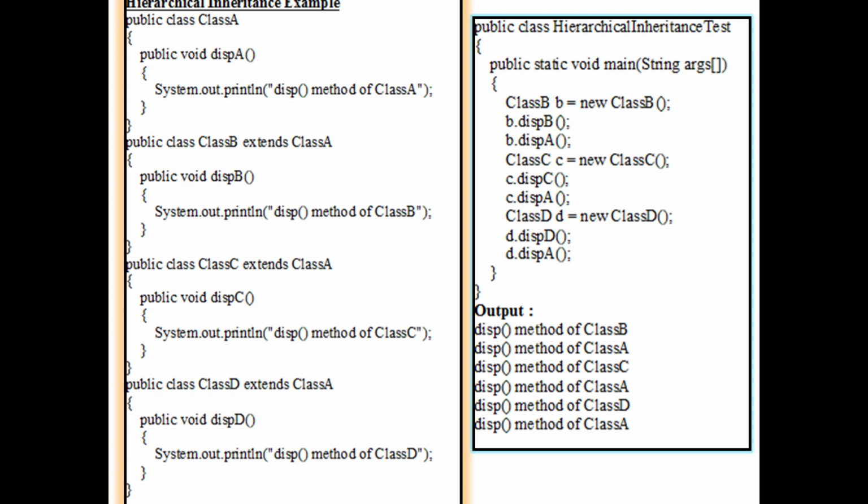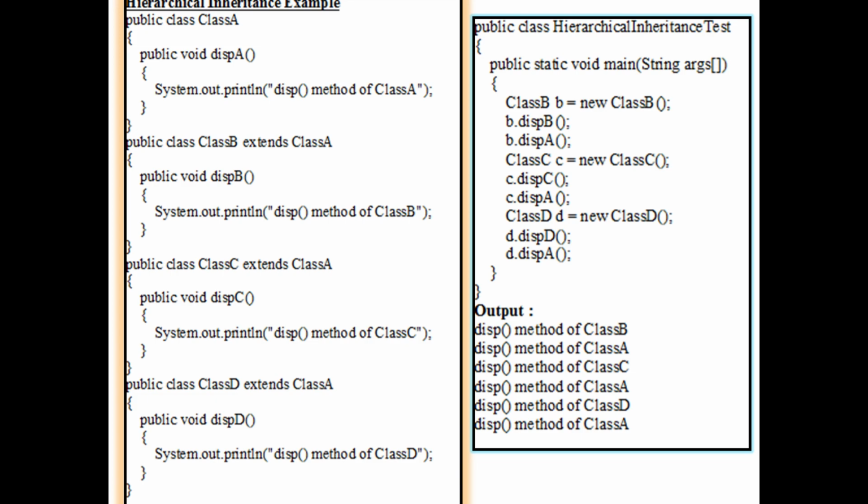This will print the method of class B statement. Similarly for class C and class D. So inside the main function, there is a class called HierarchicalInheritanceTest. This is the main class. Inside this main class, objects are created for class B, class C, and class D.